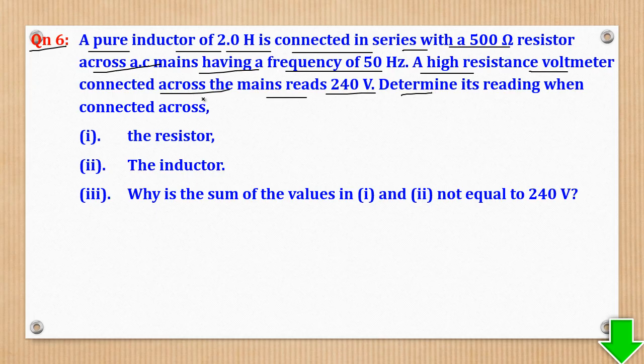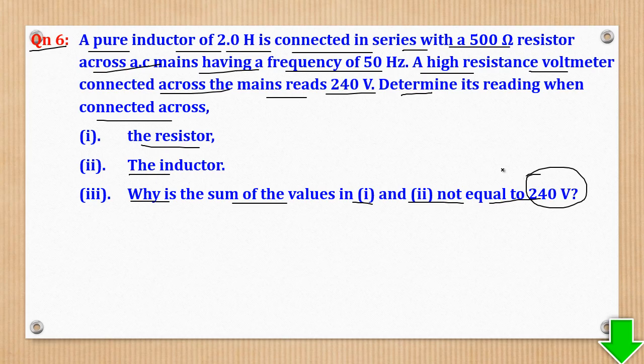Determine its reading when connected across the resistor. In other words, the PD across the resistor. Then two, when connected across the inductor, the PD across the inductor. And three, why is the sum of the values in Roman 1 and Roman 2 not equal to 240 volts?